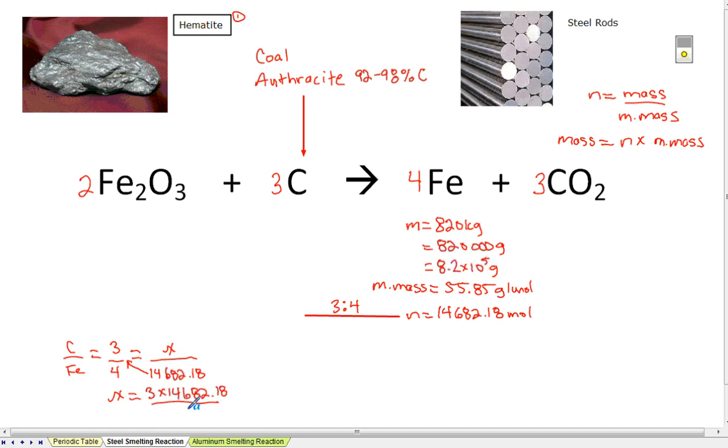Divide all that by 4, and I'll get an answer that looks like 11,011.64 moles. So I now know the number of moles of carbon. I'm going to write that right here.